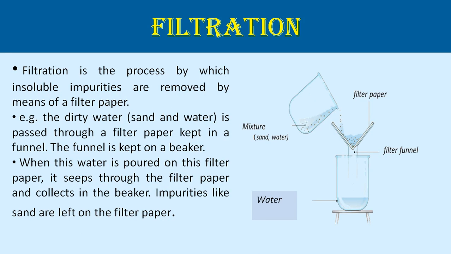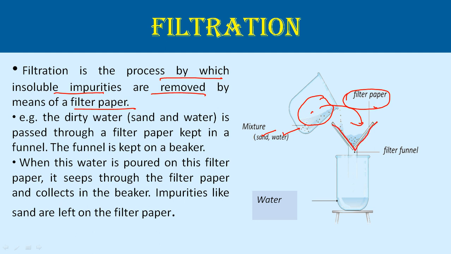Now filtration. Filtration is the process by which insoluble impurities can be removed by means of filter paper. Suppose here we have taken dirty water. Dirty water means that sand and water both are present in it. It is passed through a filter paper, and this filter paper is placed on a funnel, and this funnel is placed on a beaker.